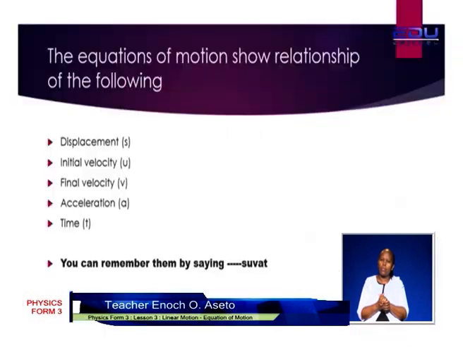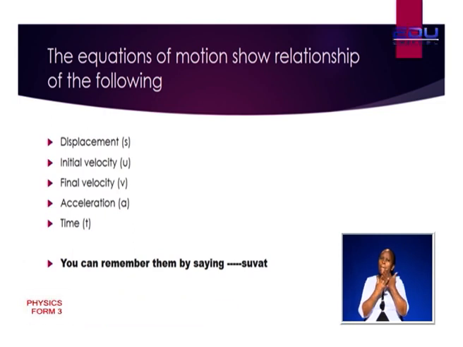Now, the equations of motion show the relationship between the following parameters that you had learned in the previous lesson: displacement, which is distance in a particular direction; initial velocity, which is represented by u, is the rate of change of displacement with time at the beginning of the motion.